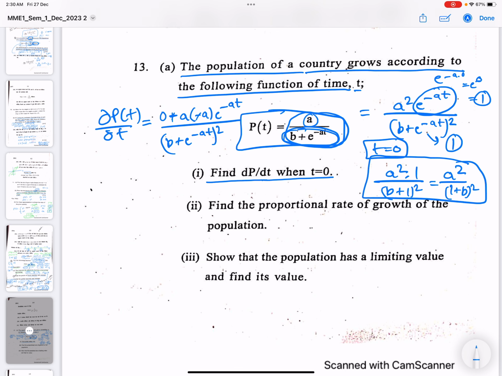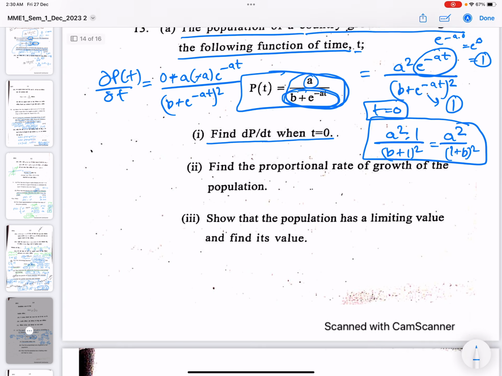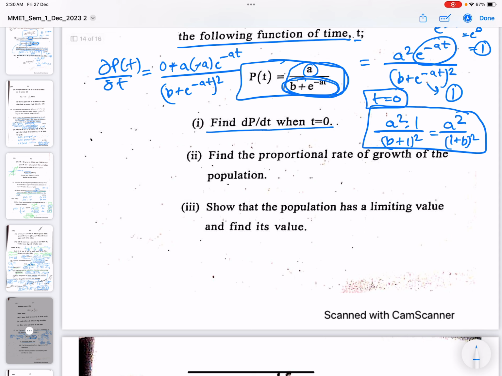Okay. Now find the proportional rate of growth of the population. The proportional growth rate is dp by dt upon P(t). This dot denotes this thing. So this is equal to P dot t.